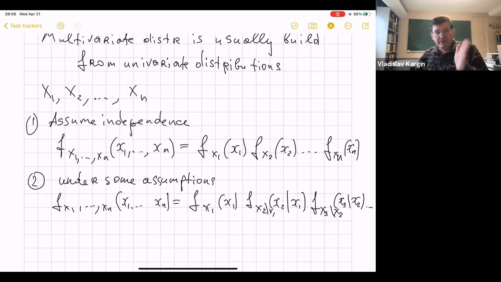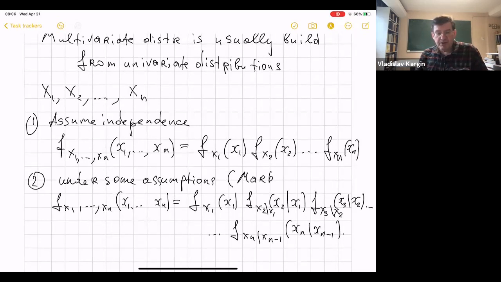In this assumption, if you know x2, then x3 doesn't depend on x1, the first one, and you do it until the last one, xn given xn minus 1. These assumptions are called a Markov chain: the situation can be modeled as a Markov chain, which we will not study. Don't worry, it may look difficult, but this is one other way to model them.